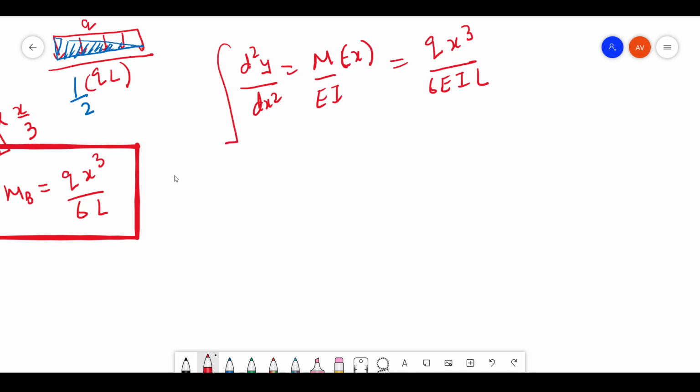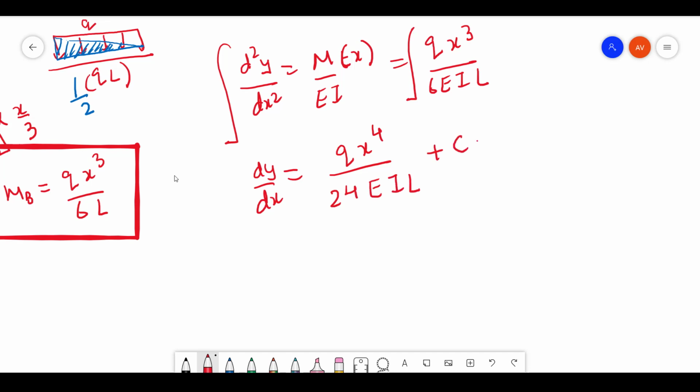Now integrating both sides once, you will get dy by dx is equal to qx raised to 4 by 24 EIL plus c1. Okay, again integrate both sides.